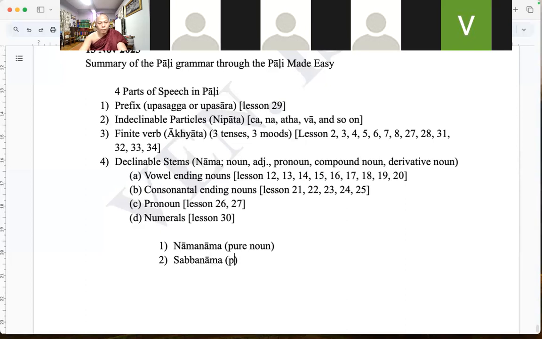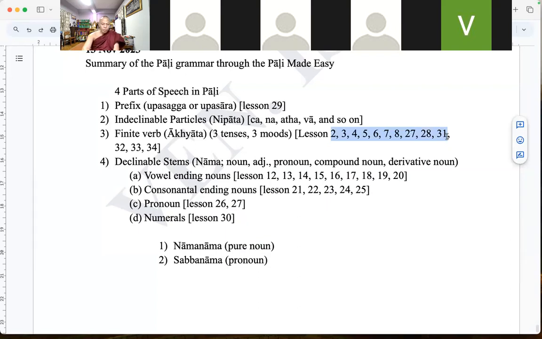And then the next one is sabba nama, so that is pronoun. So about the pure noun, maybe let's say those vowel ending nouns are commonly what we can say pure noun also, but some are like the past participle or those are derivative nouns, secondary, primary derivative, except the present participle, past participle, future passive participle.